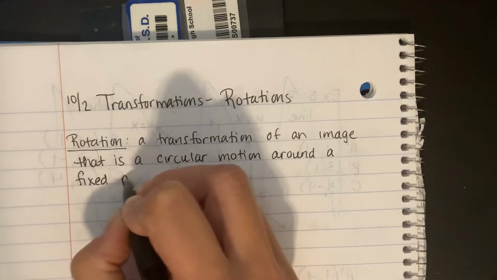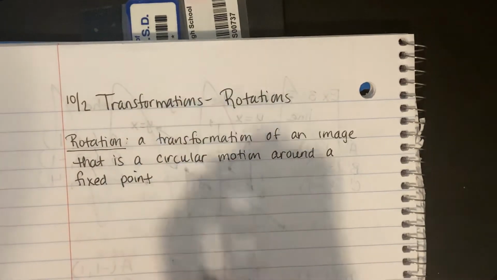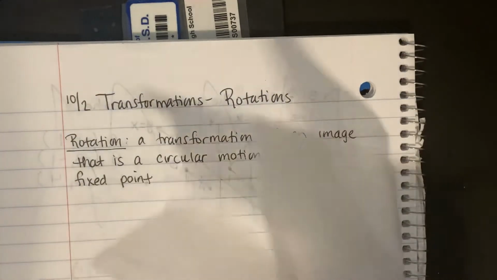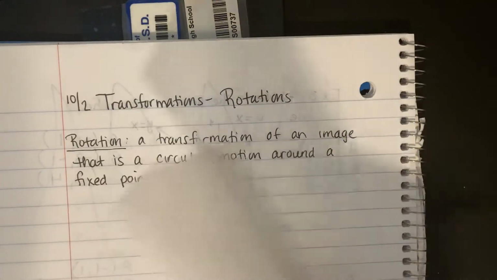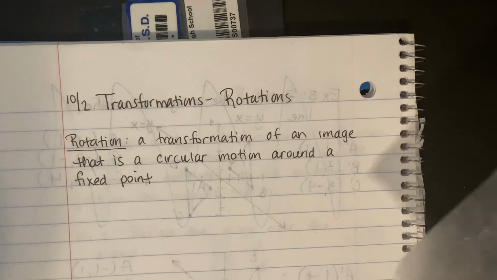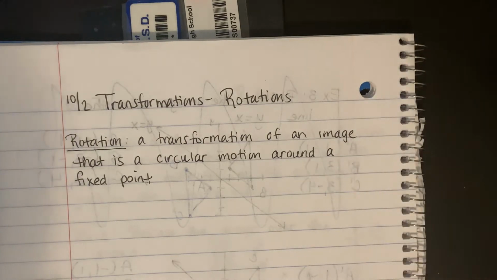Now, most of the time, this fixed point is going to be your origin. So in the examples that we do, we'll have a rotation around the origin, and then sometimes it's just a random point. So we're gonna do one of those as well. I promise you that if you have any kind of paper, it'll help. If for some reason you can't find anything, if you're able to stop by school and I'm at school, then I can get you some, okay?